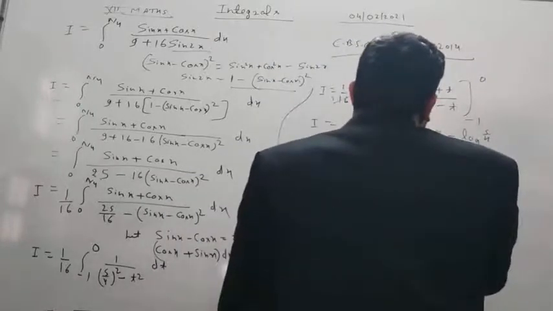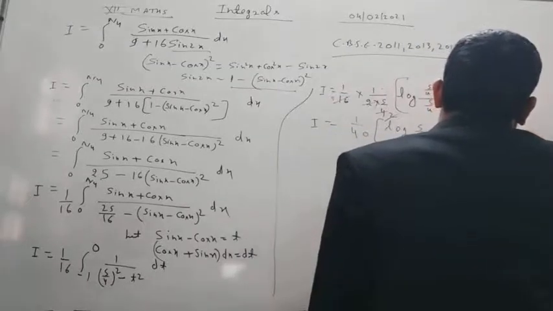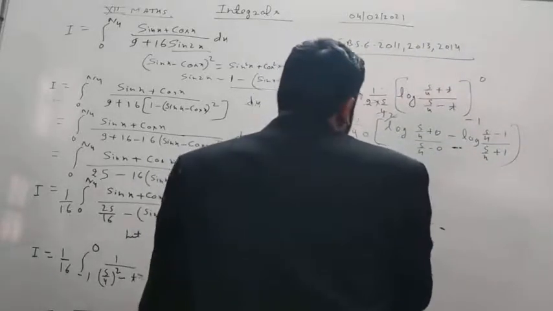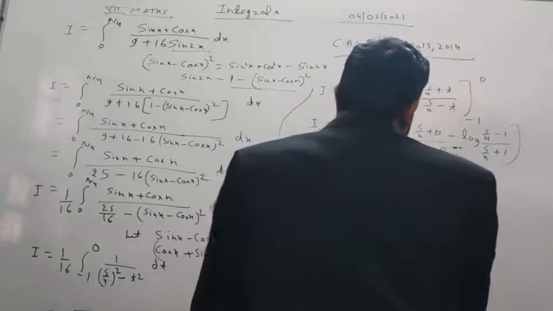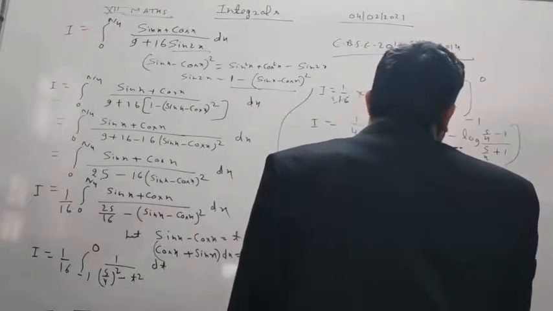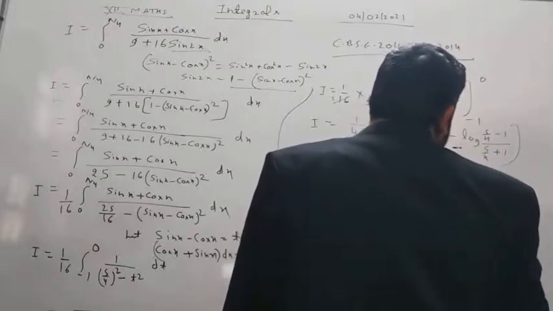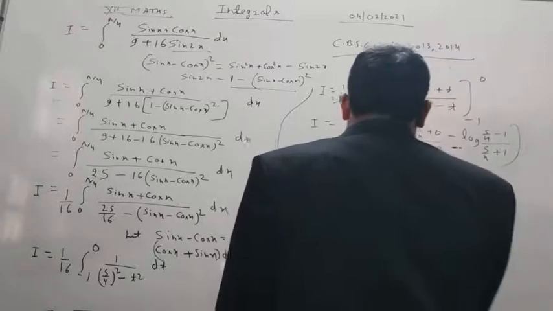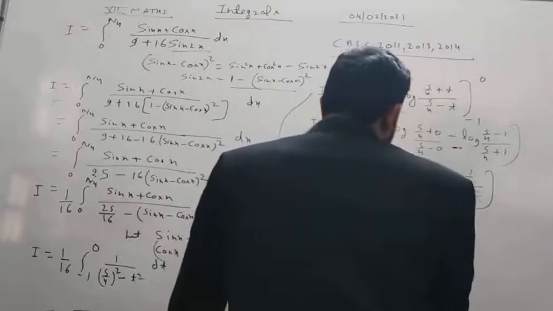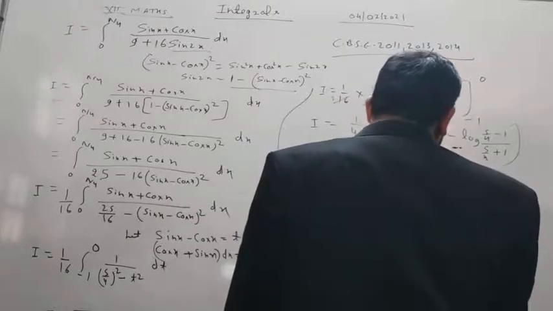0 by 5 by 4 minus 0, log 5 by 4 minus 1 by 5 by 4 plus 1, over. So students, this is 1 by 4, and this is log 1 minus log 1 by 4 by 9 by 4, 1 by 4, and this is 0, log 1 by 9.